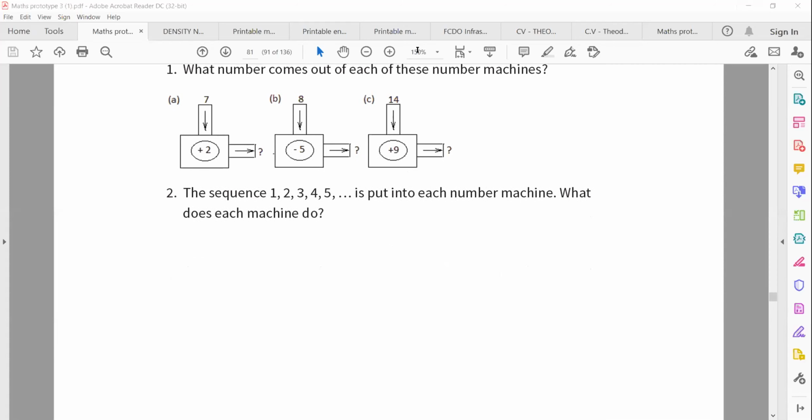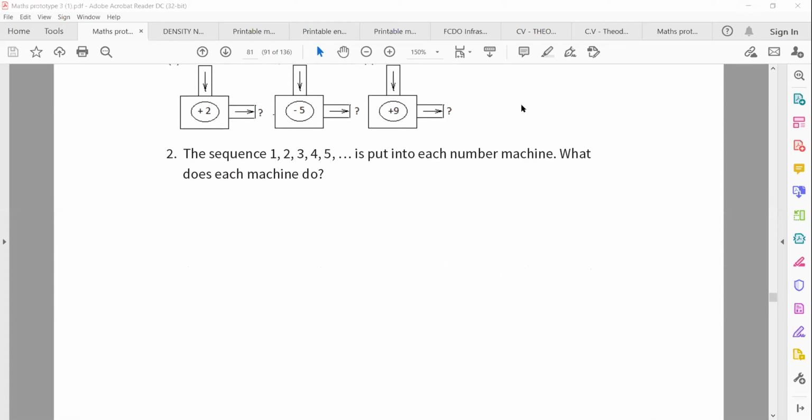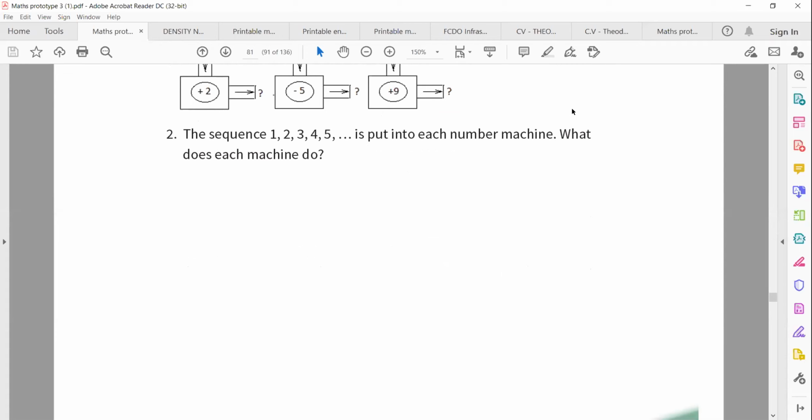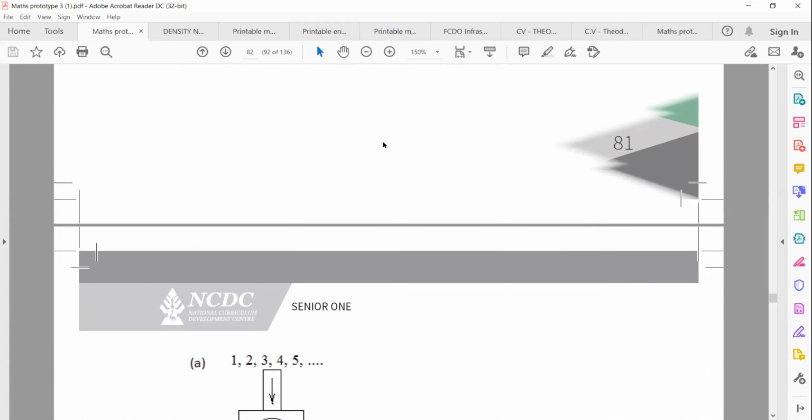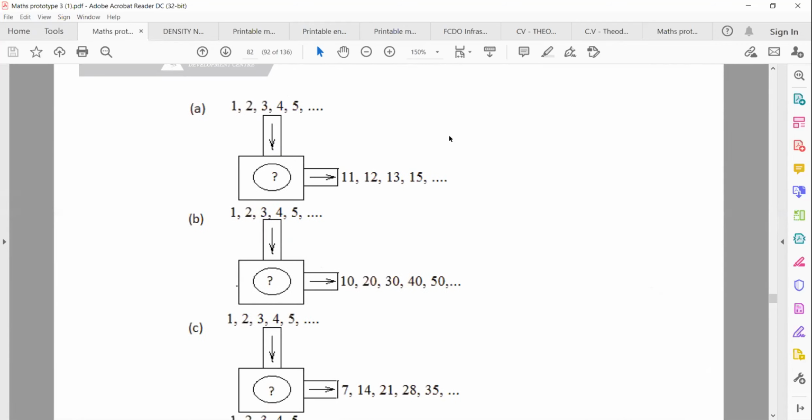So we have question 2. The sequence 1, 2, 3, 4, 5, etc. is put into each number machine. Now, what does each machine do? We have these numbers.